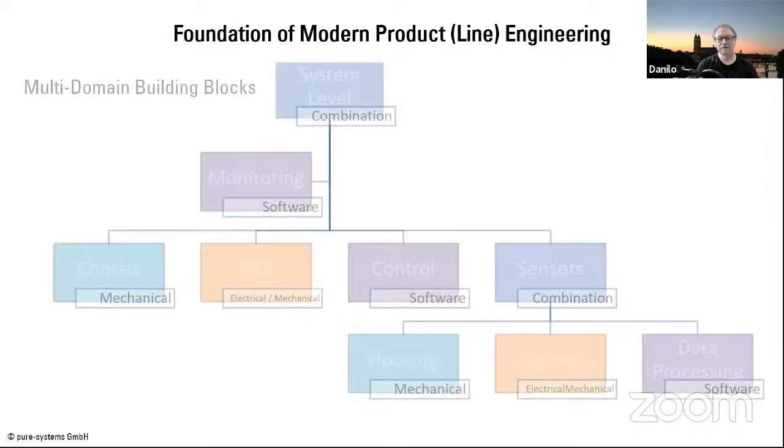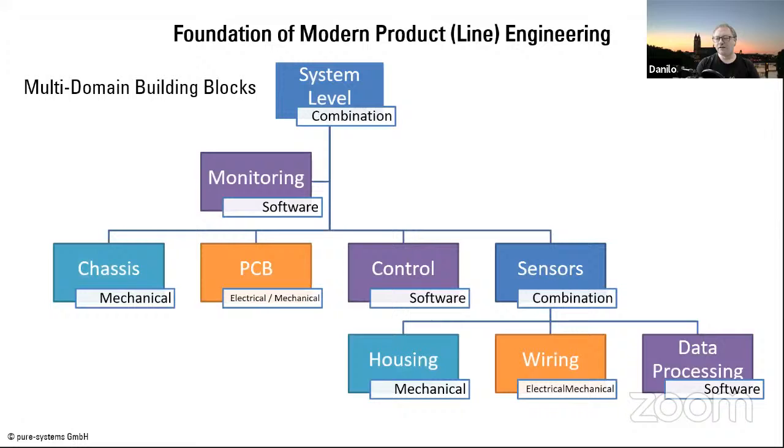So we have here basically a small system which represents a product line, and as you can see, it's built from different domains, identified by the colors. We have mechanical, we have electrical data and parts.